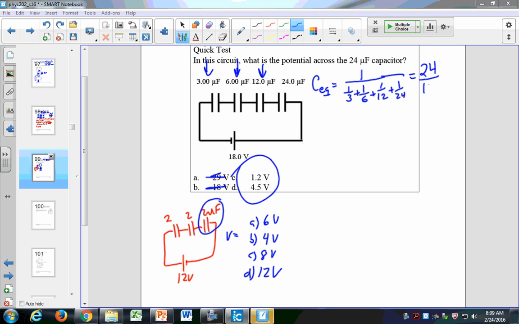I'm going to keep it in fraction. microfarads, or 1.6 if you wanted to do that. All right, now the equivalent capacitance then is that. Then I would find the equivalent charge, which is going to be C equivalent times the voltage. That's 24 over 15 times 18.